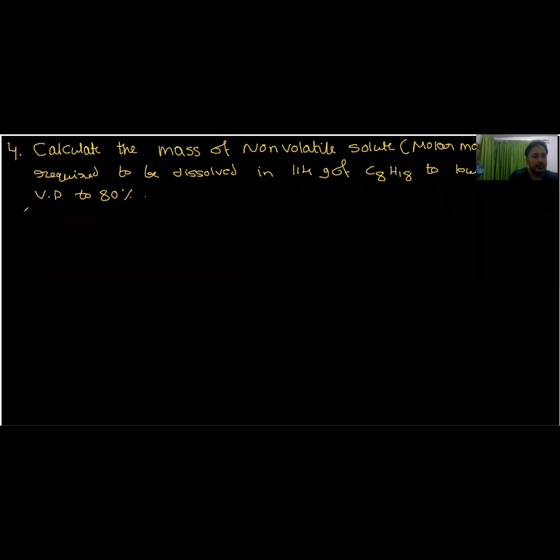We start. What are the things given to us? We are provided with the given mass of the solvent, C8H18, that is WA, which is 114 gram, and its molar mass you can also find.